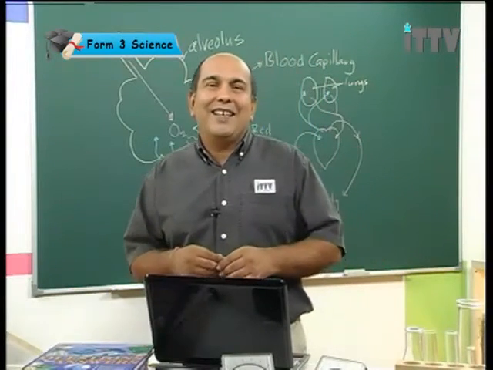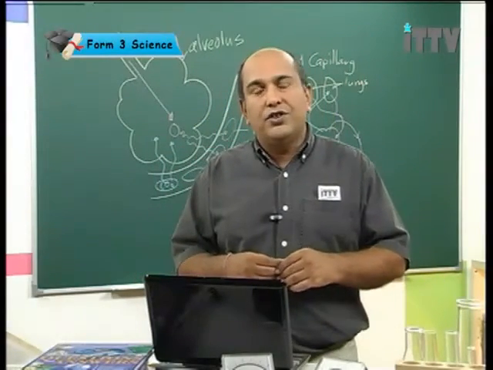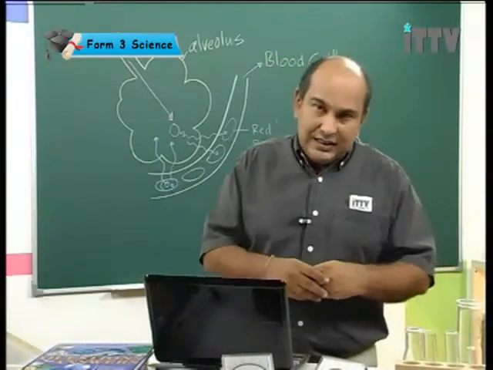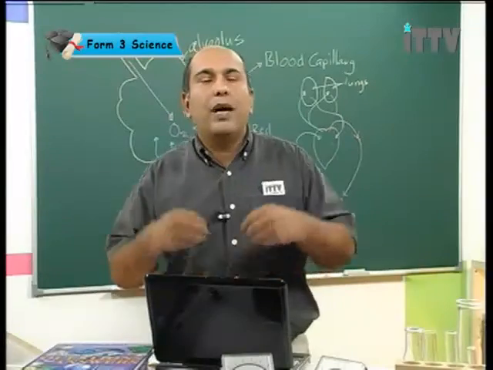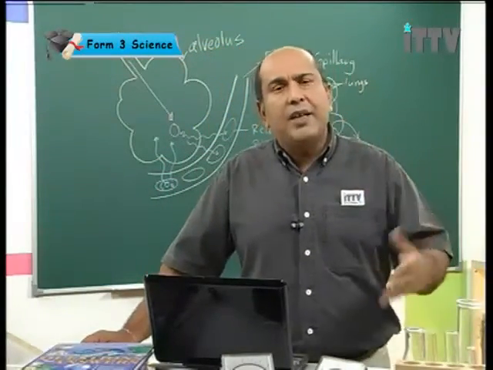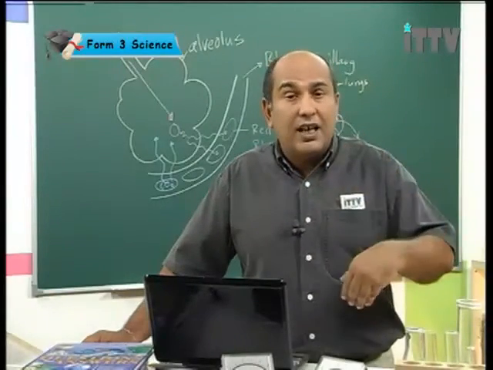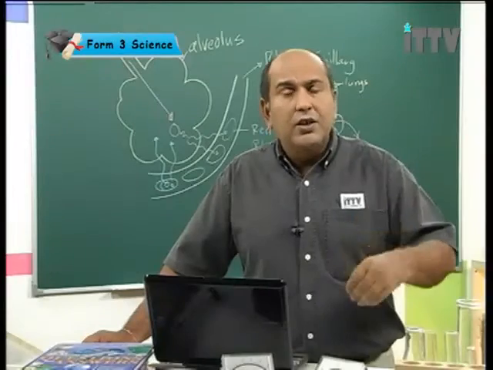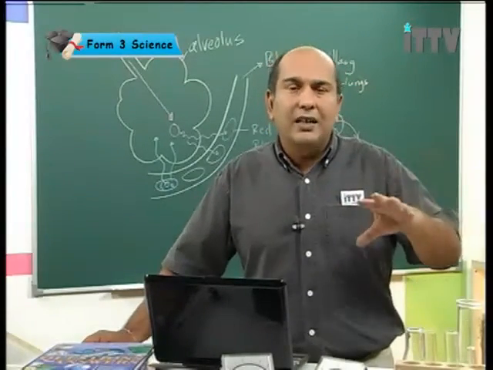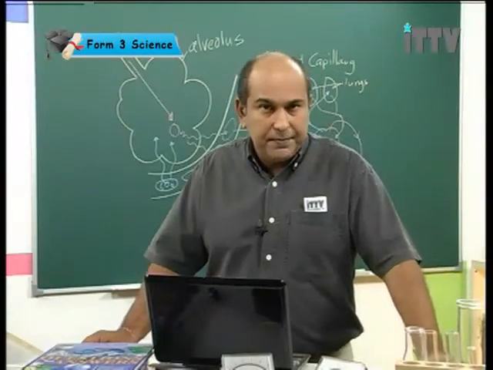So now we understand how the oxygen gets into the blood, and we understand how the oxygen is then transferred from the lungs to the cells where it's needed for respiration. And also at the same time, we also have an idea how carbon dioxide from the cells, the byproduct of respiration, is brought back to the lungs and then ultimately removed from our bodies.